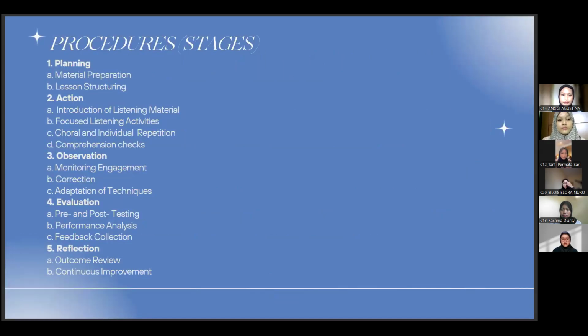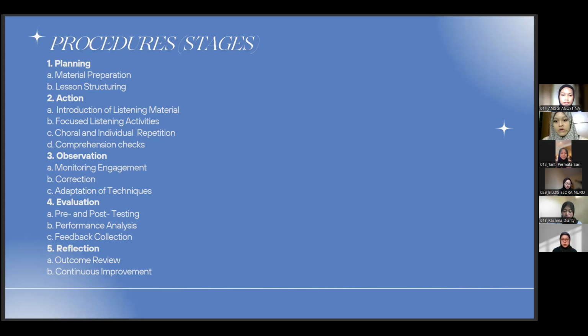All right, the procedure stage is divided into 5 points. The first is planning. There are material preparation and lesson structuring. Prepare relevant audio materials and structured lesson plans focused on listening comprehension. And the second is action. There are introduction of listening material, focused listening activities, choral and individual repetition, and comprehension checks.